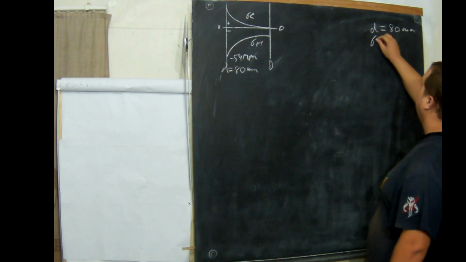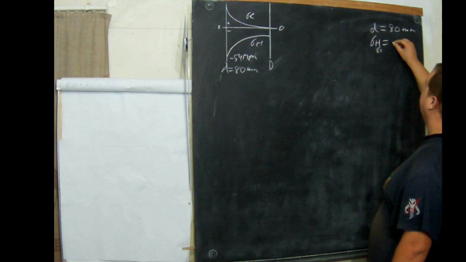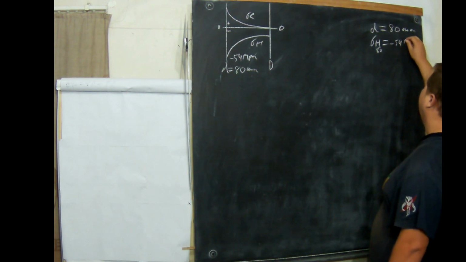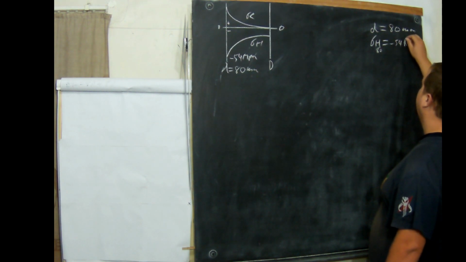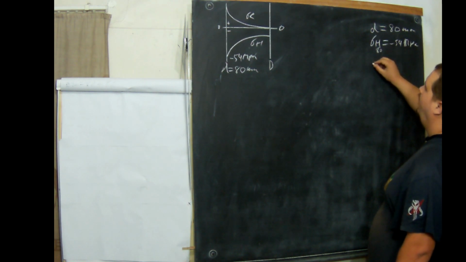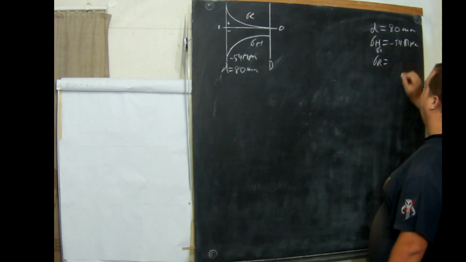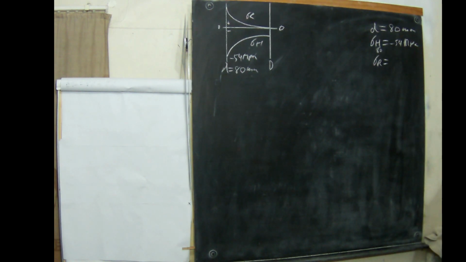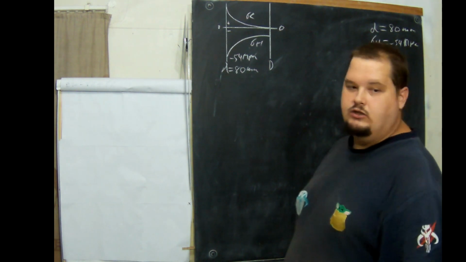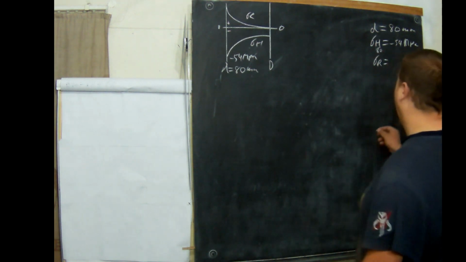Our hoop stress at 80 is minus 54 megapascals. Our radial stress we don't know just yet, but we will work that out now, because we are going to combine our two formulas.